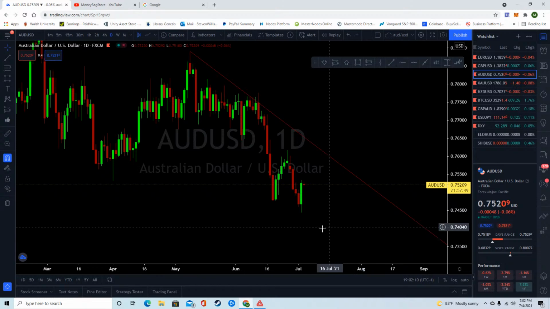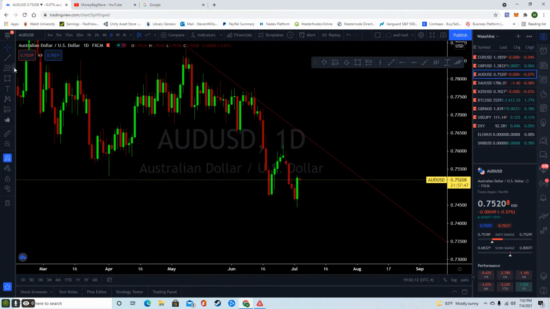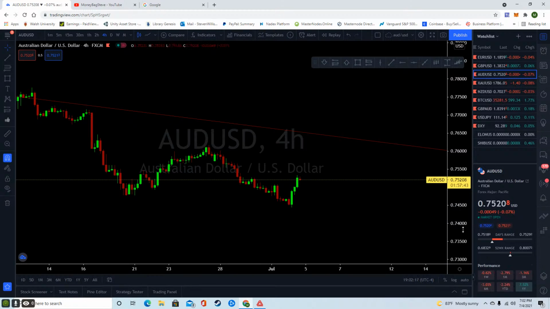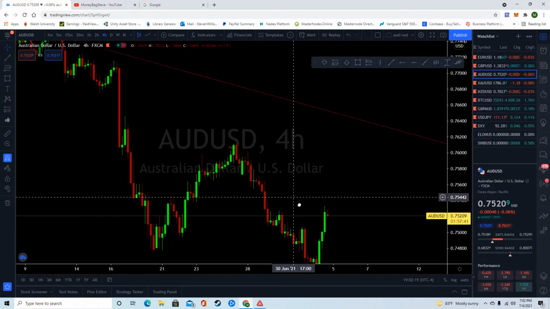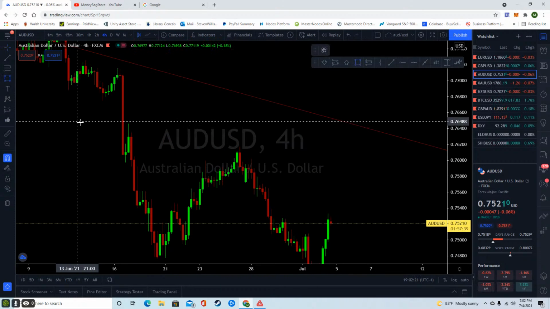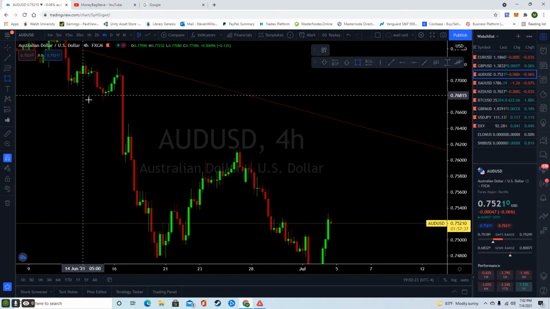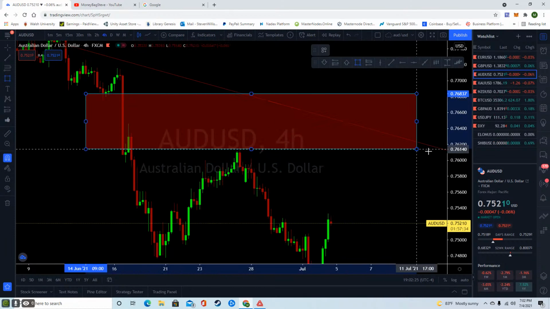Okay, so that's on the daily. We're gonna go to the 4-hour. Check out the zones that they got. So right now, that's a pretty big zone.